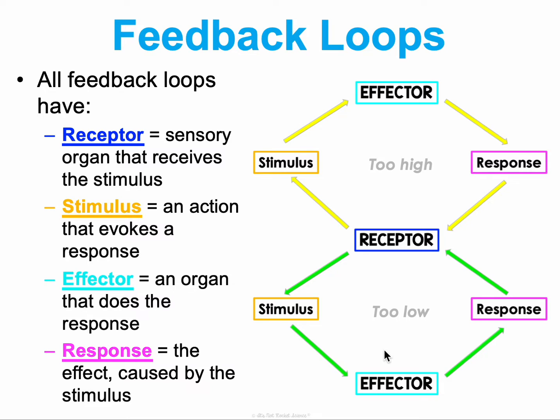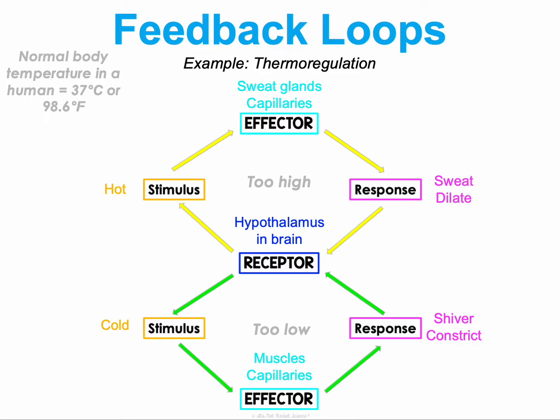So same kind of concept, and I'm going to go through a few examples of different feedback loops that our body uses. A really great example of a feedback loop that we're all probably familiar with is thermoregulation. This is a really oversimplified view of thermoregulation, just FYI.